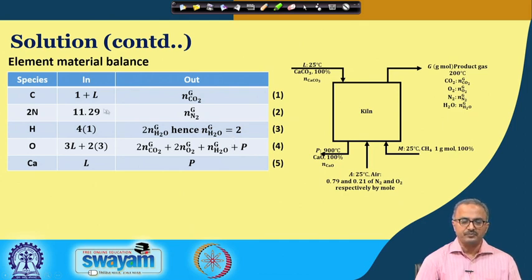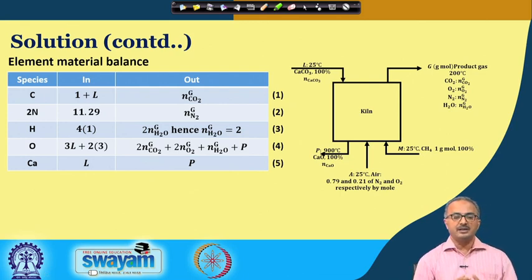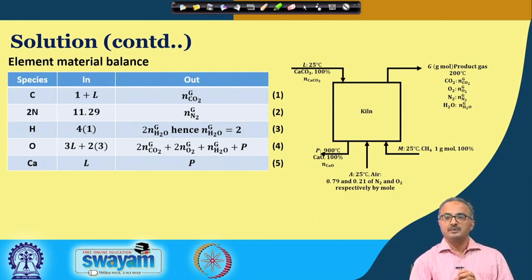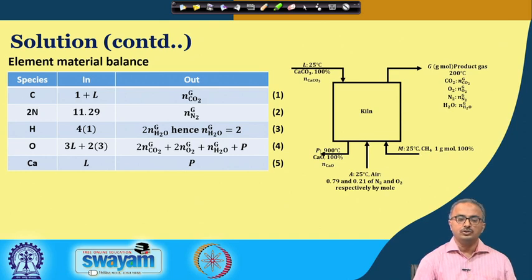So here I am doing the elemental balance, as I told you that in this case elemental balance will be better, because we are just trying to find out how much carbon is going inside the system, how much carbon is going out of the system, and we are not going to go for the delta H reaction, that is the heat of reaction. So we are going with the elemental balance.